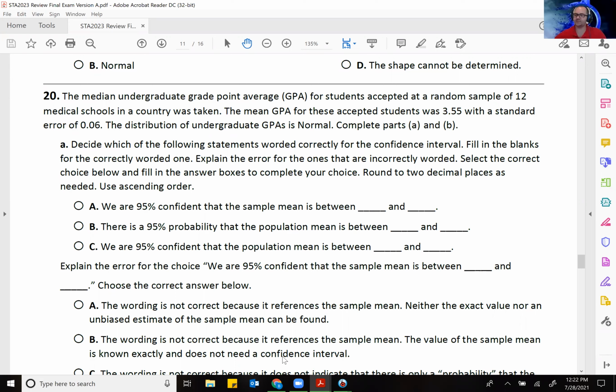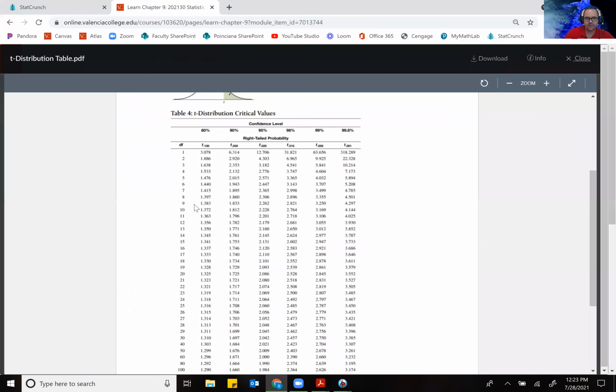So our T star, coming back to this, is at 11 and the 95%, which is 2.201.